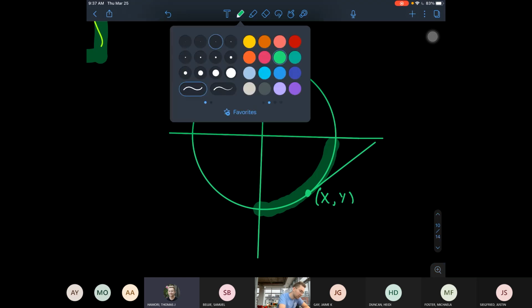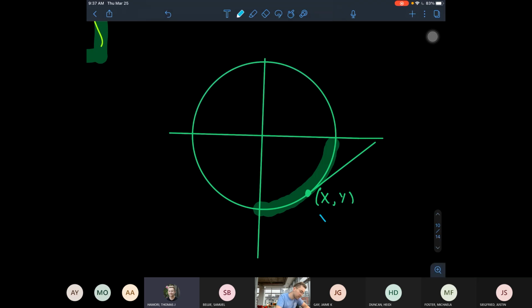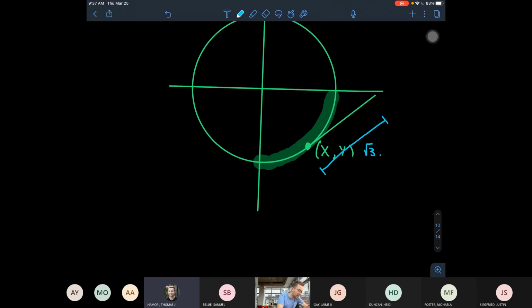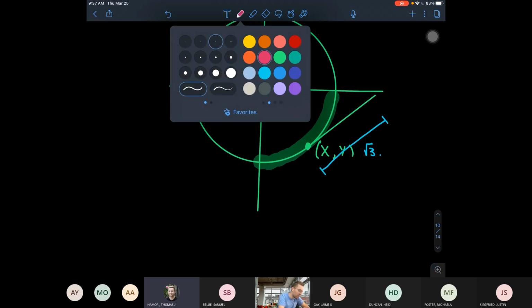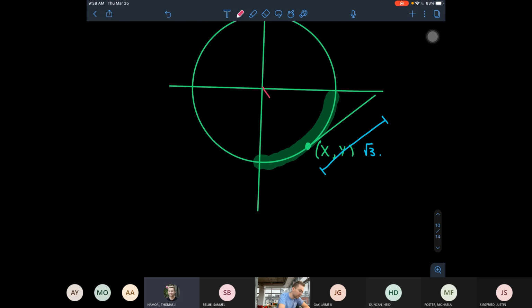And we have that this length here, which goes to the x-axis, is square root 3. In other words, we have an angle theta which points down at this thing.